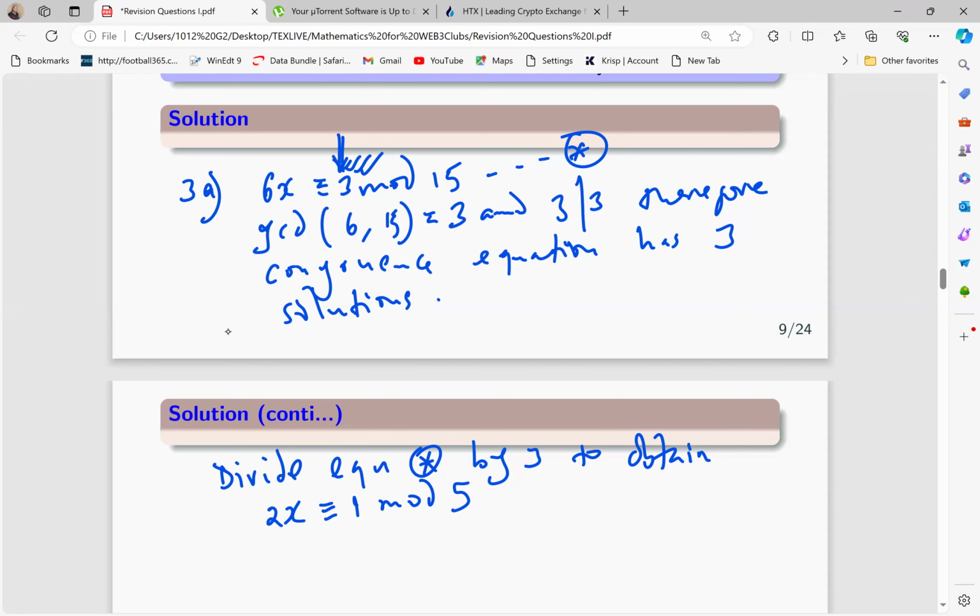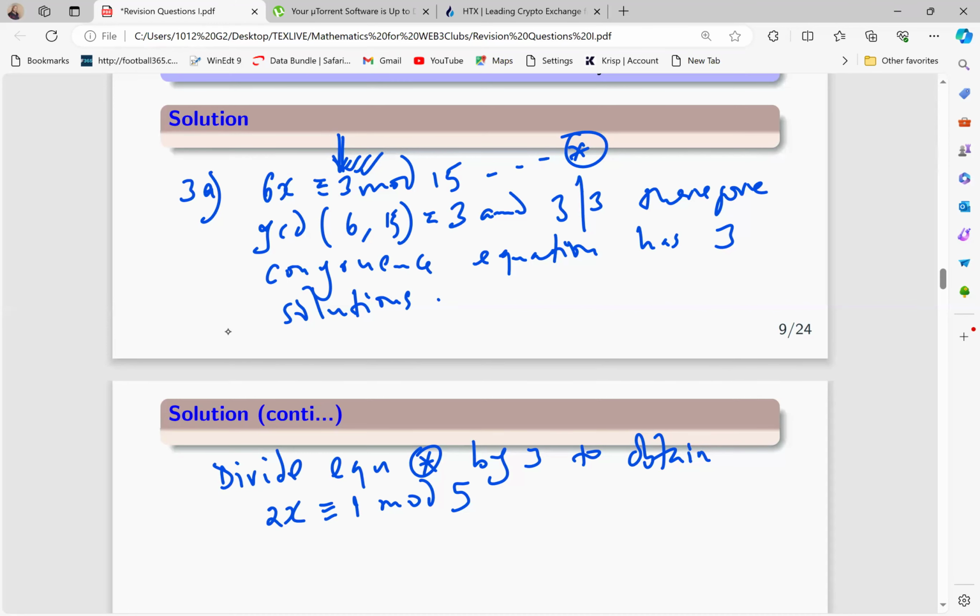Now, when you arrive here, the way it is the same as finding the inverse of 2. Because what I'm saying here is to find the value of x, which when multiplied by 2 gives you 1. That's what the equation is saying. So something which is multiplied by 2 to give 1 is the inverse of 2.